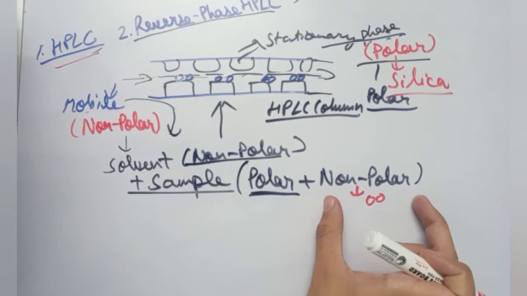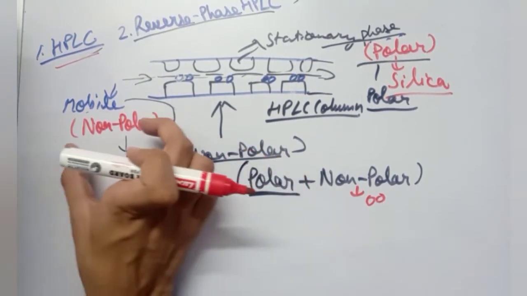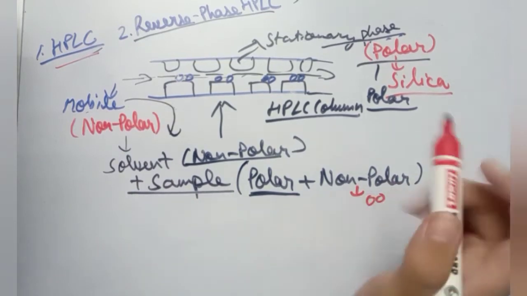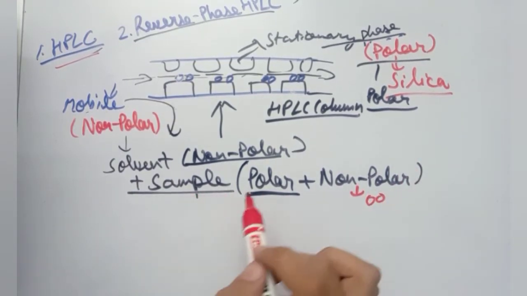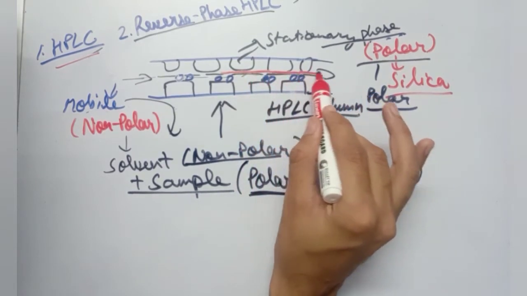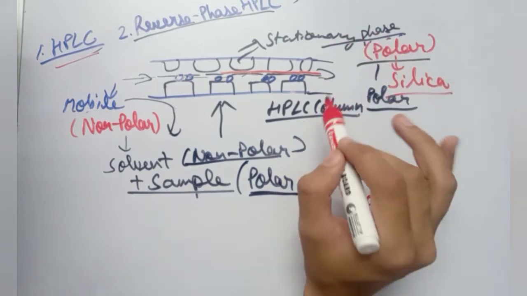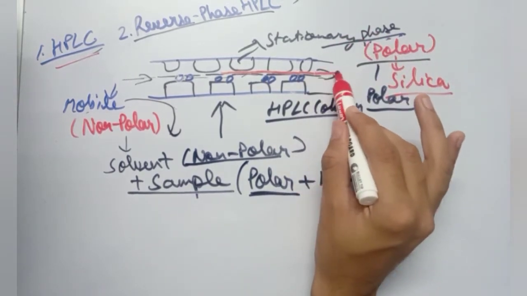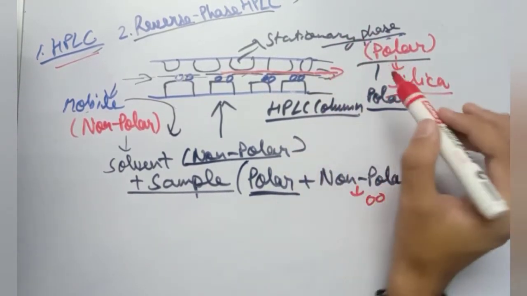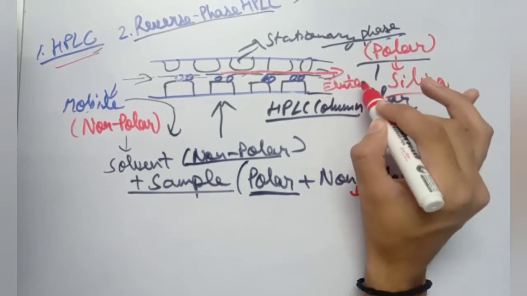Now the non-polar part of the sample, present in the non-polar mobile phase, gets passed easily because it doesn't get attracted to the polar stationary phase, and it passes through the HPLC column, meaning it elutes out easily.